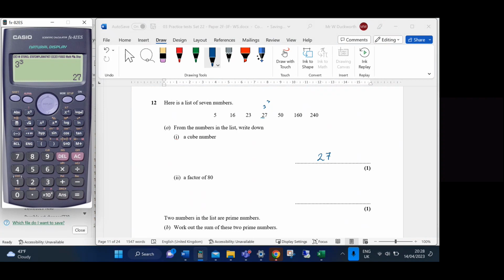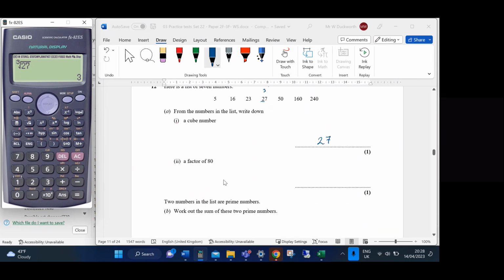If you're unsure of this, you can literally cube root every number and show that, and just check for yourself that none of them are cube numbers until you get to a cube number. If you're not particularly good at spotting it, that would be an absolutely fine method for that question because we're on a calculator paper. Next, a factor of 80, so a number that has 80 in its times table.